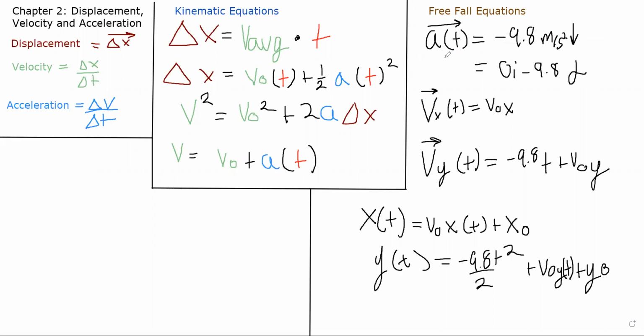So it's important to note that this acceleration of negative 9.8 meters per second squared can be broken down into 2 different pieces: its x and y component. Since it's going straight down, its x component is 0, and its y component is negative 9.8 because again, it's going straight down in the y direction. So now let's essentially find our components of velocity. We kind of just integrate both.